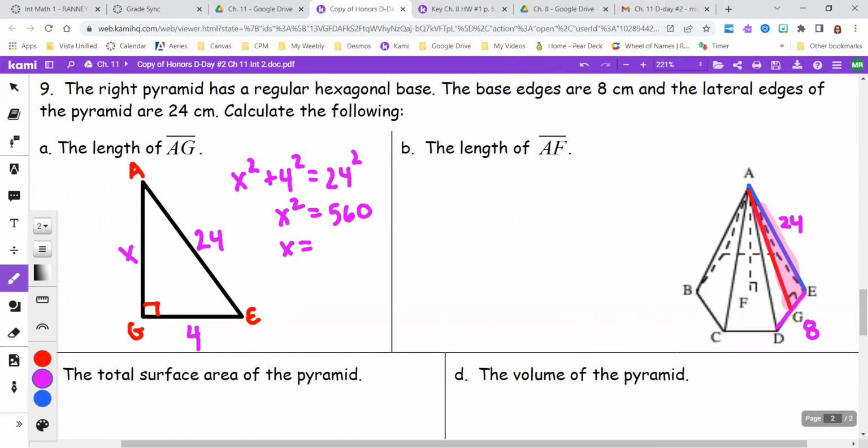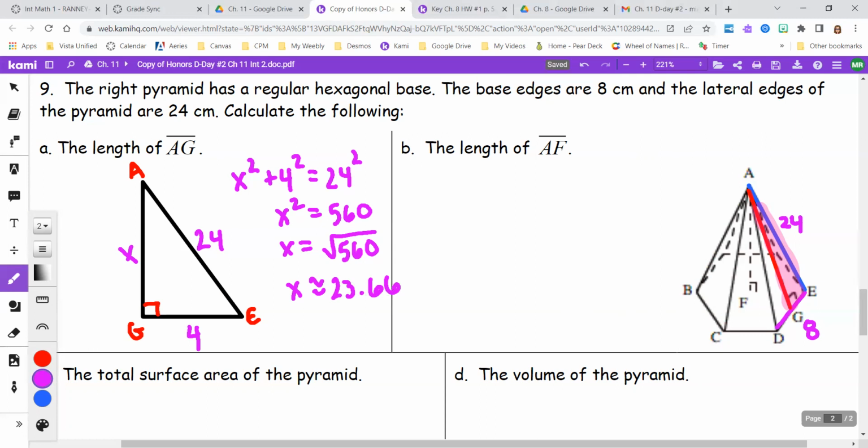So that length AG is the square root of 560. And as a decimal, that is about 23.66.